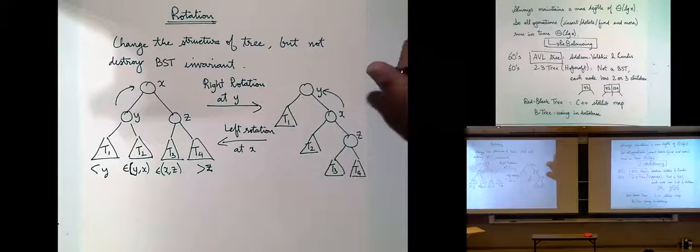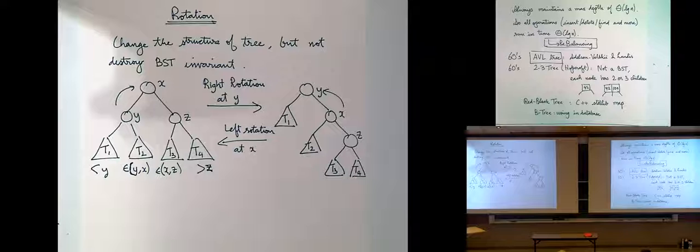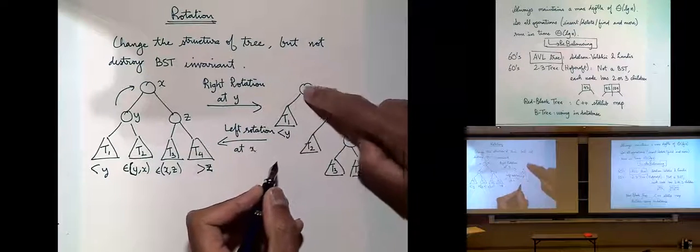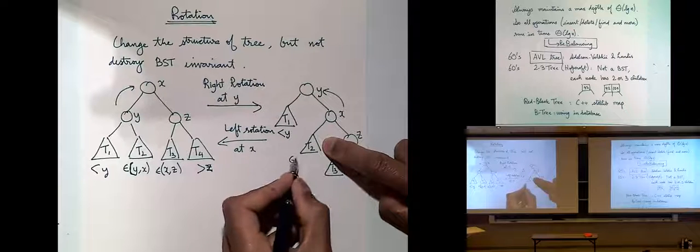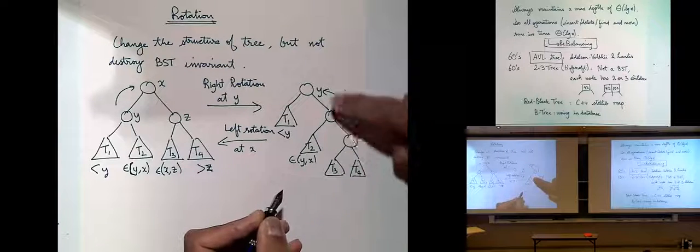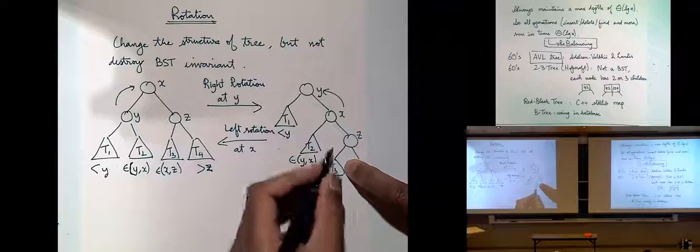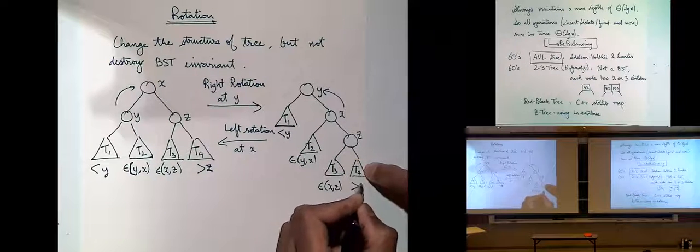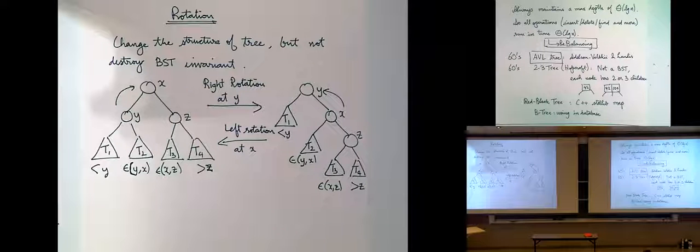Good. You're awake. And so observe that the same thing is maintained here. It's everything less than Y is there. What's here is everything in between Y and X. What is here is everything between X and Z. And everything here is greater than Z. Right? So the BST properties are maintained by doing these rotations.